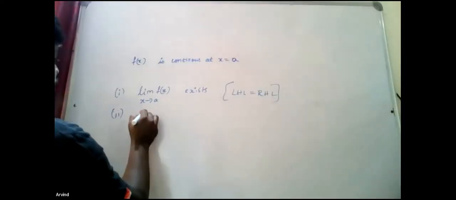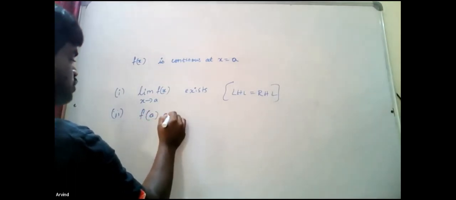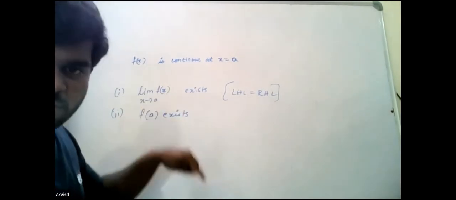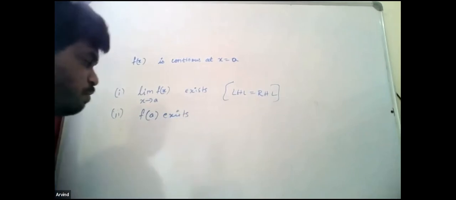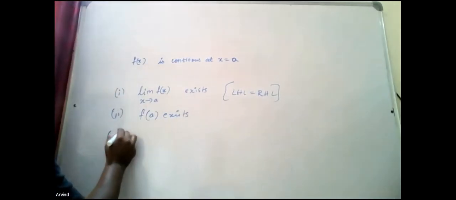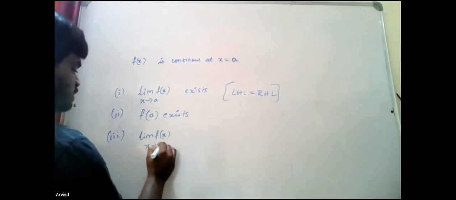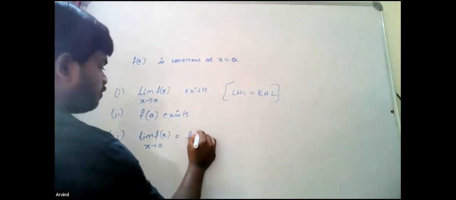The second thing is, f of a should exist. The limit of f of x as x tends to a should also exist, f of a should also exist, and both these things should be equal. That's the third condition: the limit of f of x as x tends to a equals f of a.